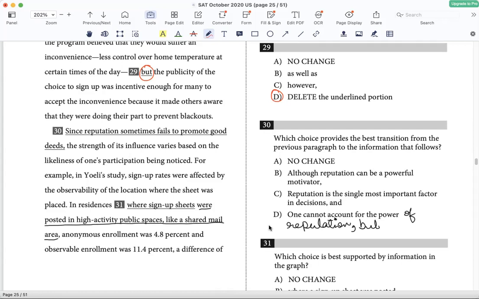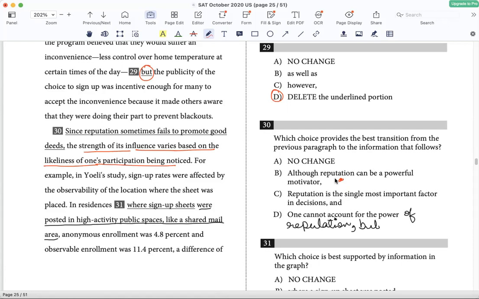In the previous paragraph, I spoke about how those whose contribution was publicized were more likely to participate in the program. And this is saying the strength of reputation's influence varies based on the likeness of one's participation being noticed. Okay. Although reputation can be a powerful motivator, the strength of its influence. Okay, so B seems a good answer.